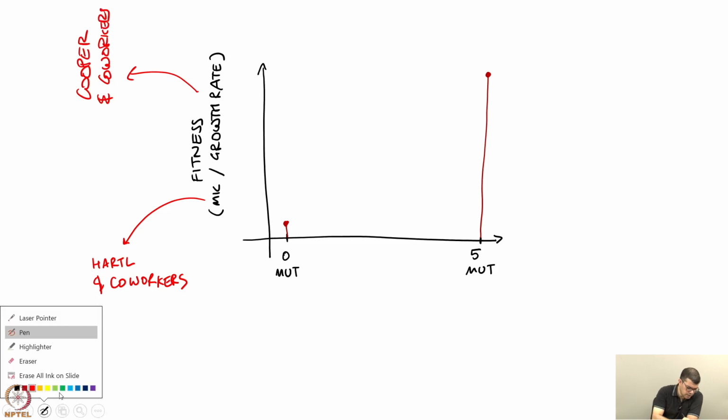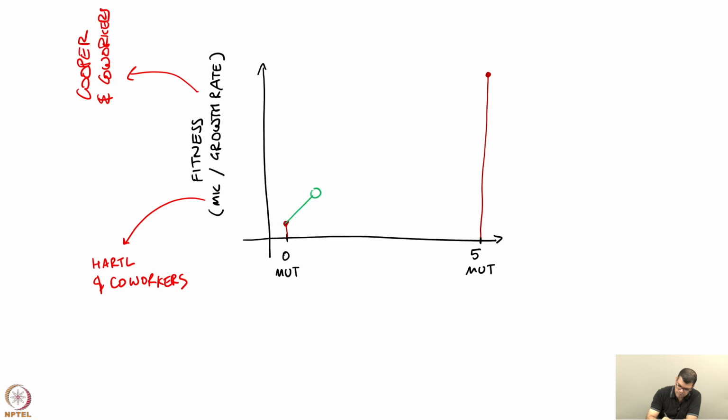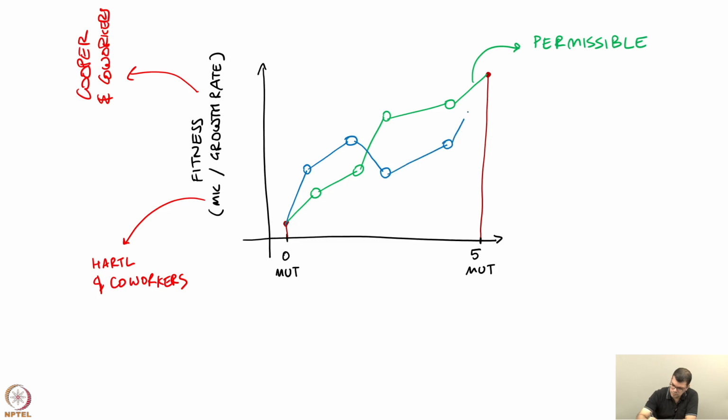And we know that in these two there were two types of paths. One was strictly increasing paths such as this. This is a permissible path. Alternatively, we had a qualitatively different type of path which had a local peak. This is a non-permissible path.